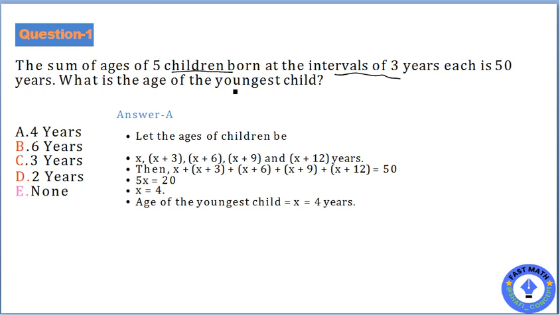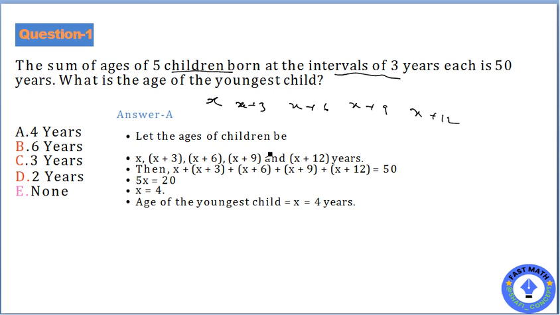That means if you consider the first child as x, the second will be x plus 3, then x plus 6, x plus 9 and x plus 12, because they are born at an interval of 3 years.